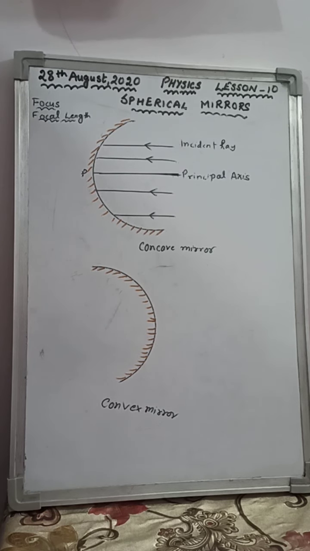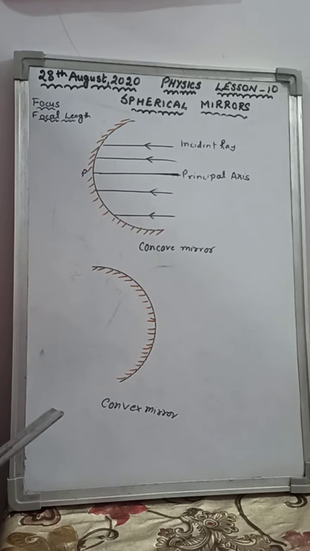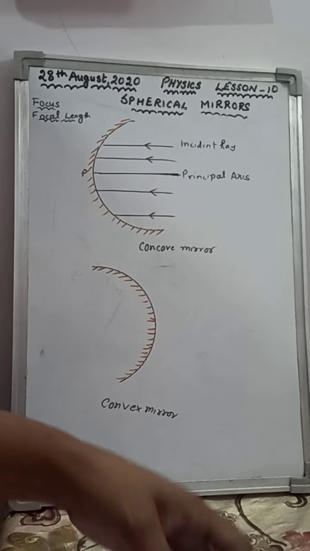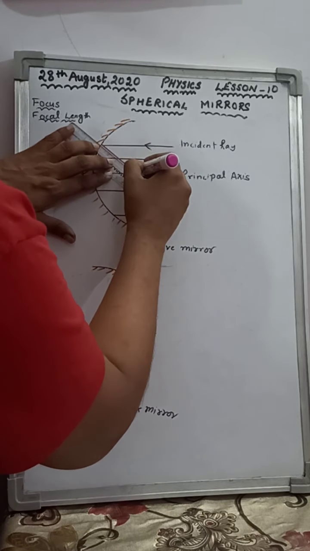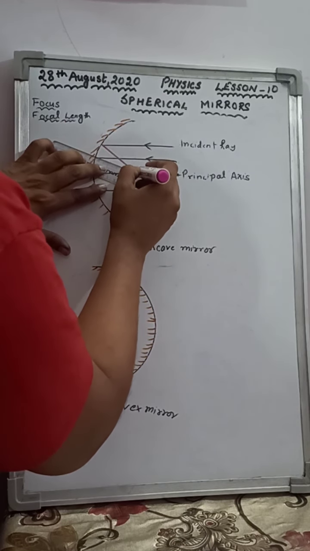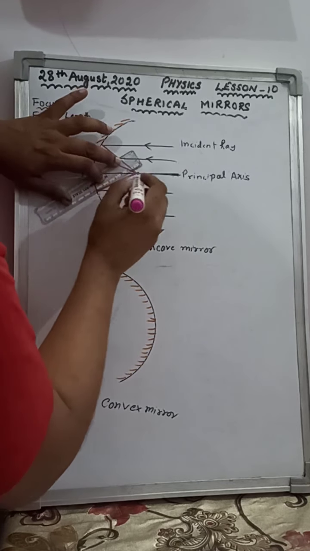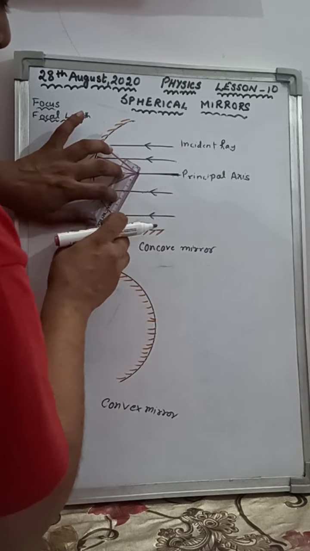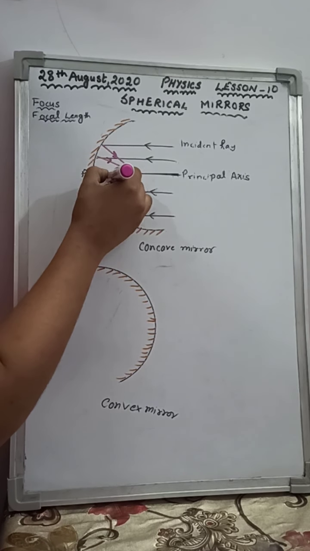When these rays fall on the concave mirror, after reflection they will meet on the principal axis at a point. These are your reflected rays.